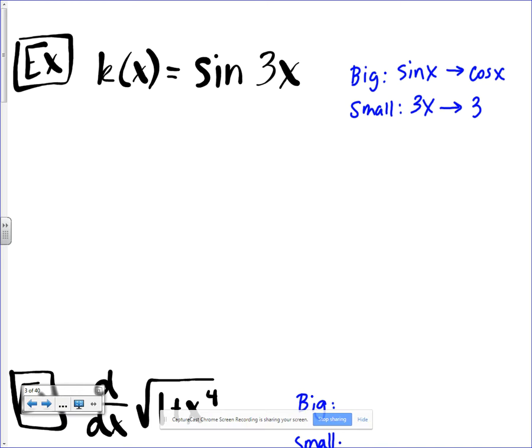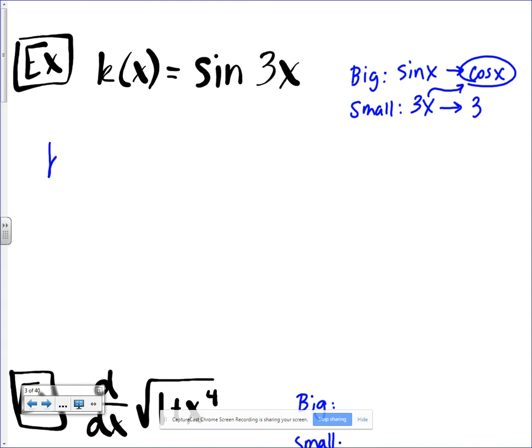Okay, so the chain rule says, take the derivative of the big function. Now, my derivative of the big function is cosine of x, right here. I'm going to take the derivative of the big function and I'm going to insert the small function into it.